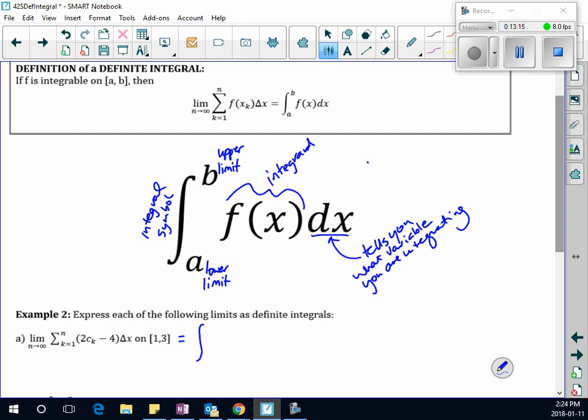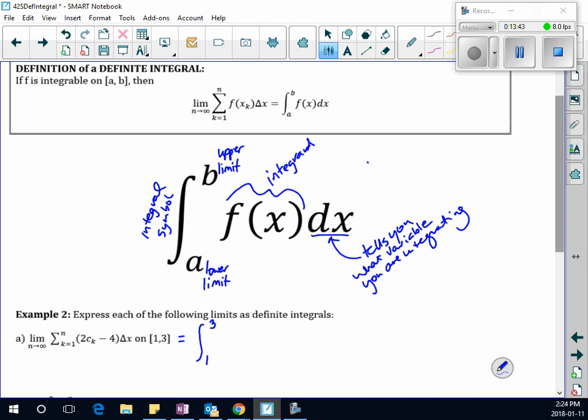The 3 goes here, and the 1 goes there. It's a change of x, so we're going to be integrating x. It's saying c, so technically I guess we should probably use c, but anyways.